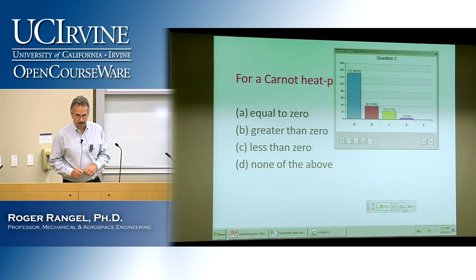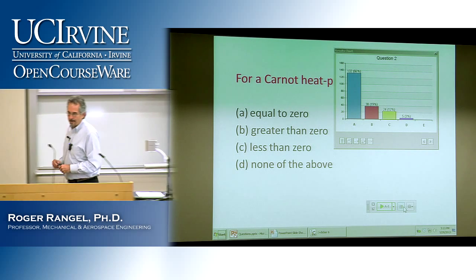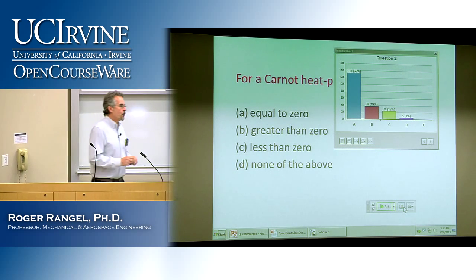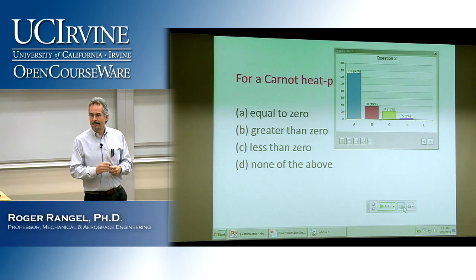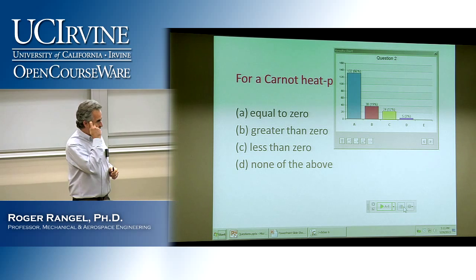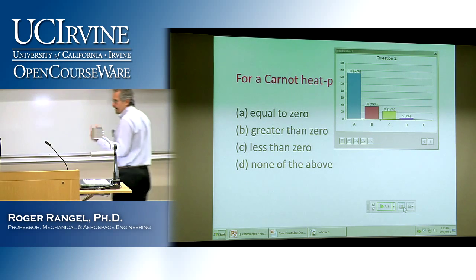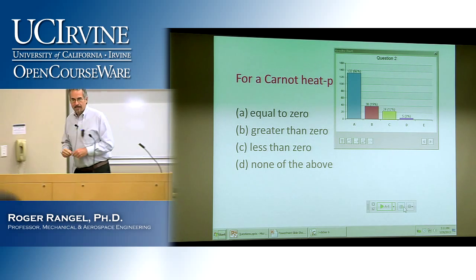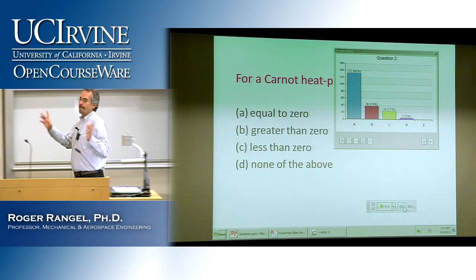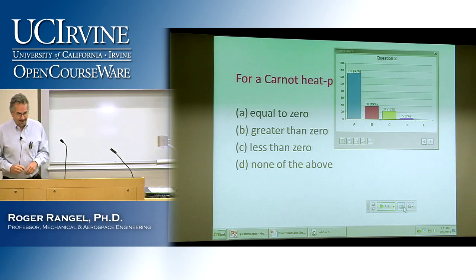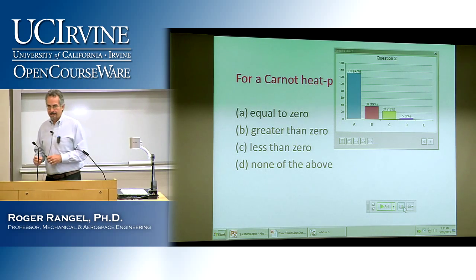And the answer is correct, equal to 0. Right? The key word right there is Carnot, right? Because Carnot is reversible, is ideal. And if you look at the Clausius inequality, which is what that integral is, the Clausius inequality is less than or equal to 0, is never greater than 0. And it's less than 0 for any real cycle, but this is an ideal cycle.